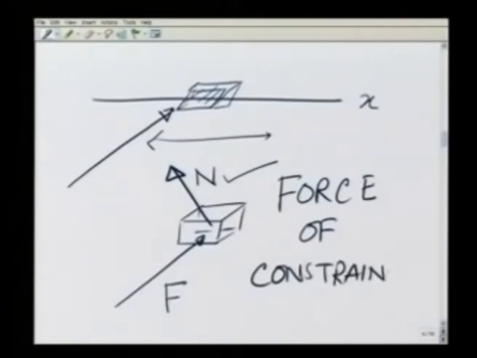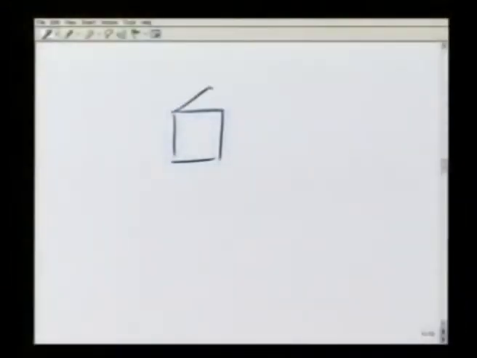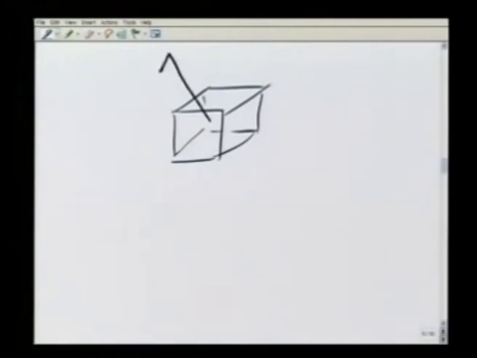To recap, the effect of this wire on this body, I'm making it slightly bigger now, is just to produce a force N, or a force of constraint. If you look at this body, I have replaced the wire by this force of constraint.